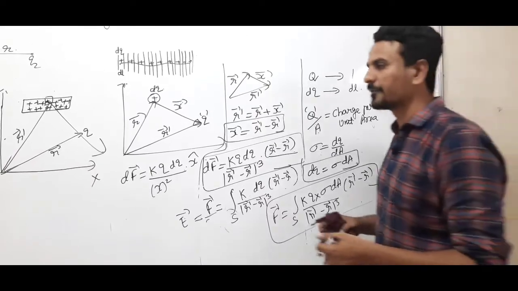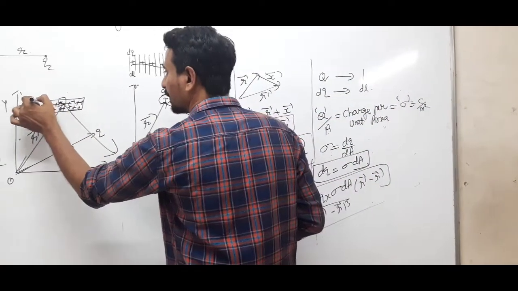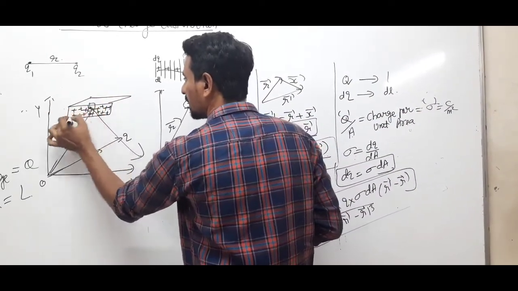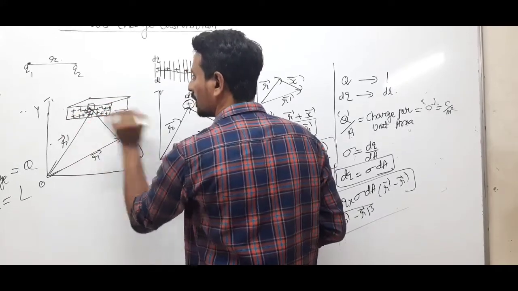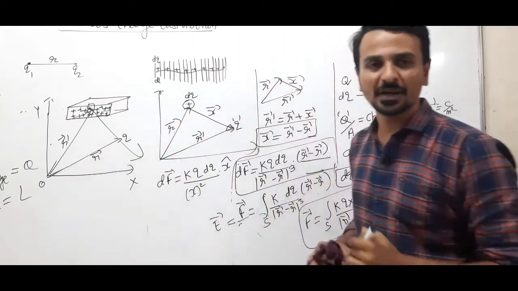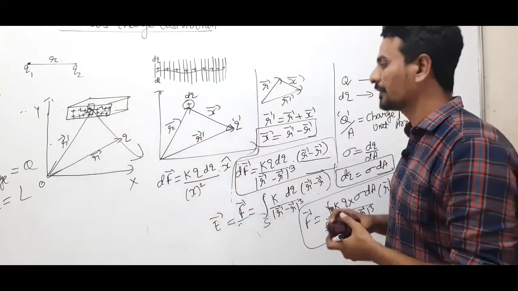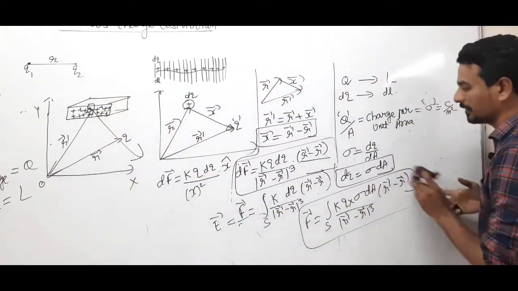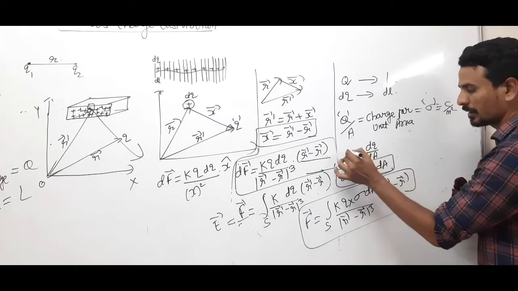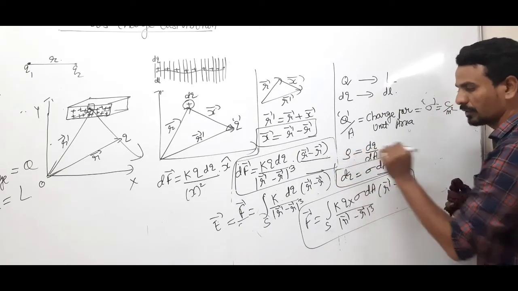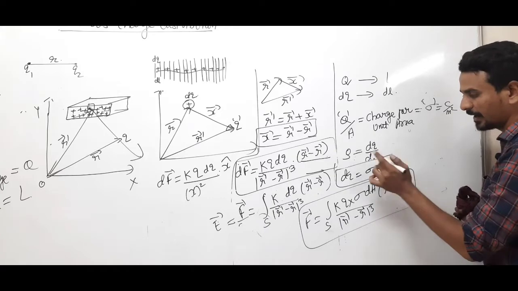Clear? What if the charges are distributed in three dimensions? So this will contain volume now. Now charges are placed inside a volume. So now instead of sigma we'll use rho, dq by dv.